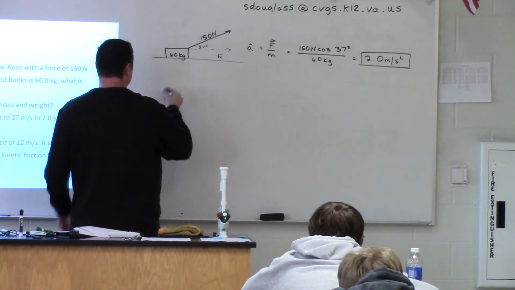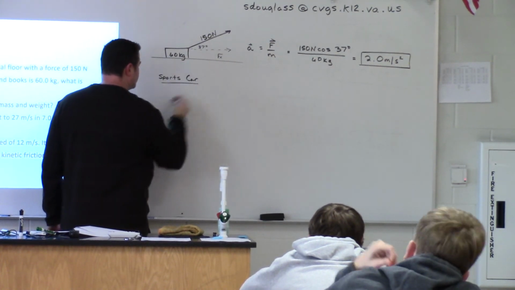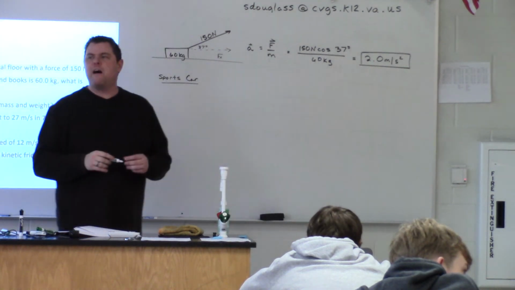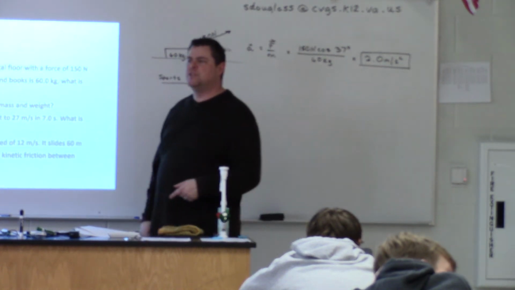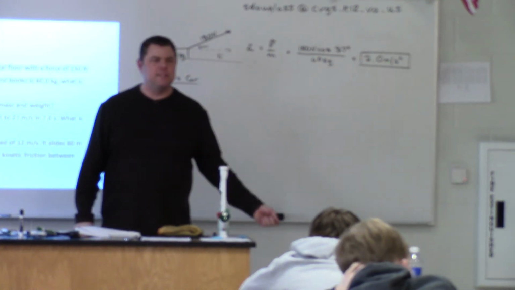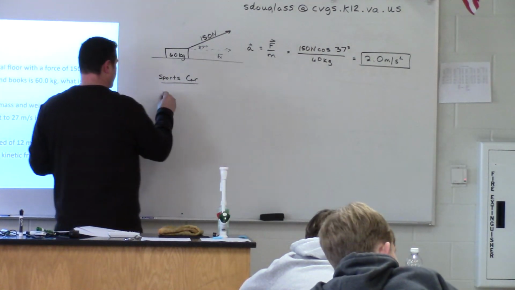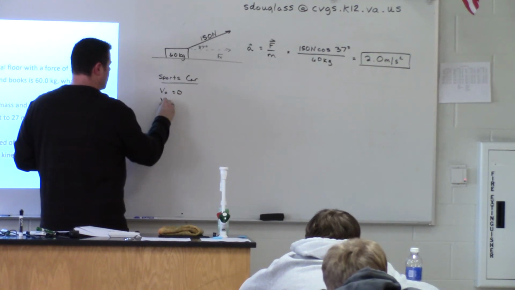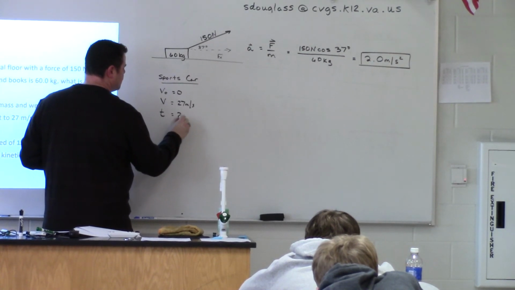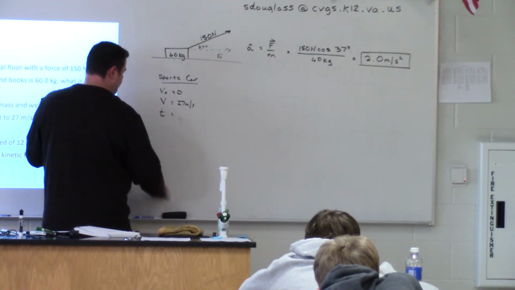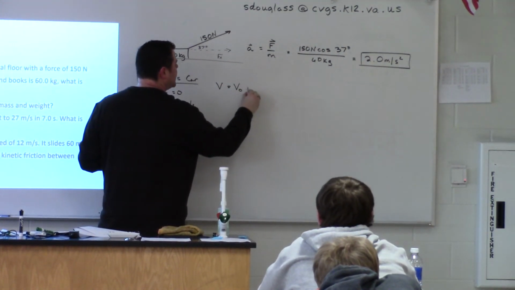Next one, sports car. To use F equals ma, you have to know the mass and acceleration. For this one, we don't yet know the acceleration, so we have to do this in two steps. We first have to find the acceleration, and then we can do F equals ma. We start from rest and get up to a speed of 27 meters per second in a time of 7 seconds. One way you can do this is V equals V0 plus at.